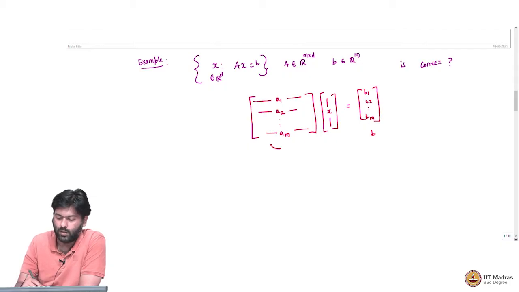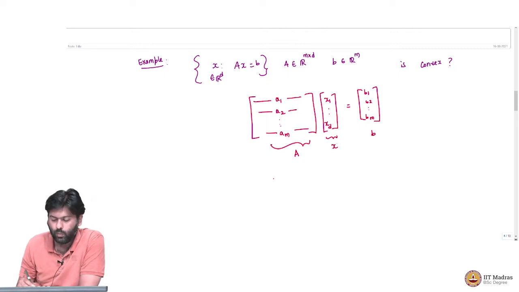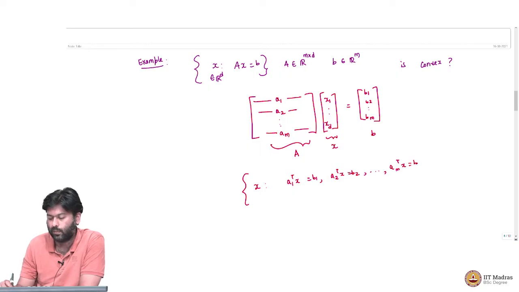So this is my b, this whole thing is my A, and I can even write this as x1 up to xd, this is my x. Now, the set of x that satisfies this equation is exactly the set such that A1 transpose x is b1, A2 transpose x is b2, and so on, Am transpose x is bm.